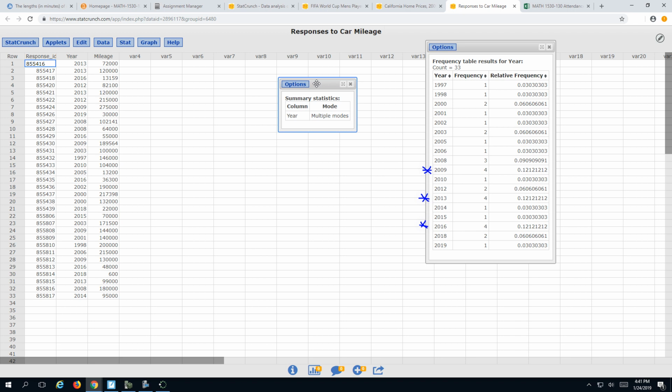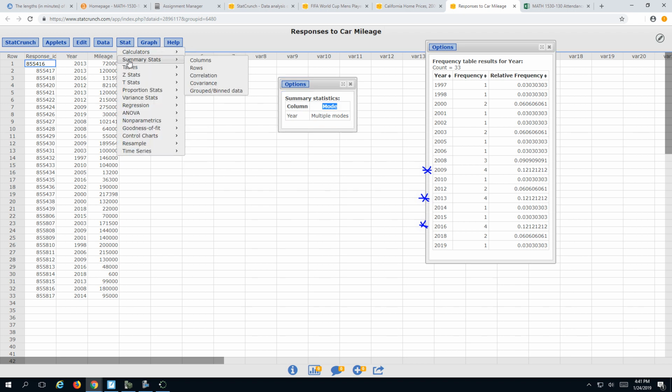If there's none, it'll say none exist. If you have multiple modes, it will not tell you what they are. It'll just say you got multiple ones. So too bad. But the frequency table is pretty easy to do. Just make a frequency table and see if you have multiple modes. But this mode function is not one that's defaulted in that summary stats calculator.